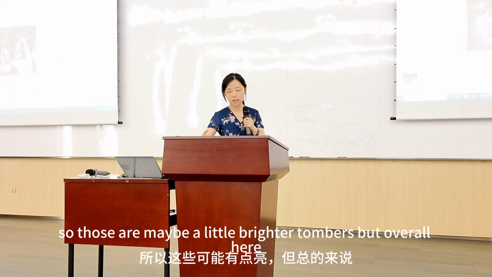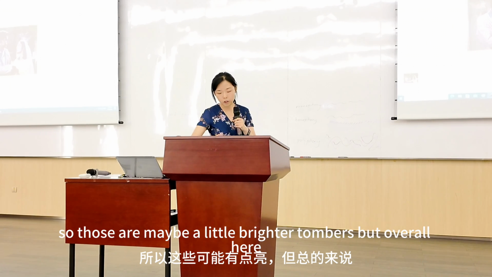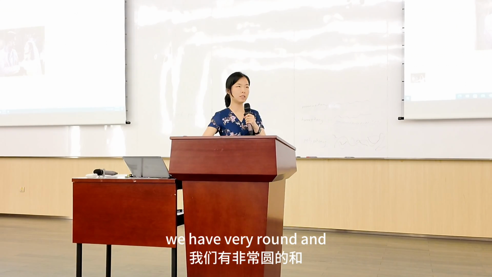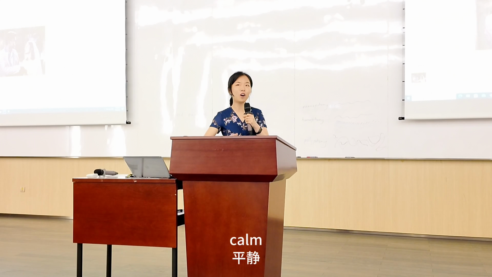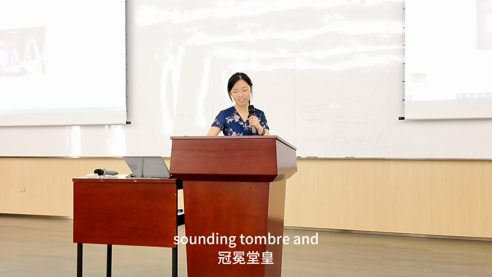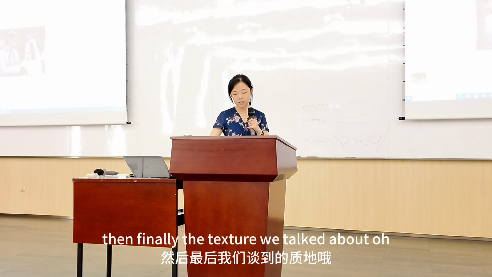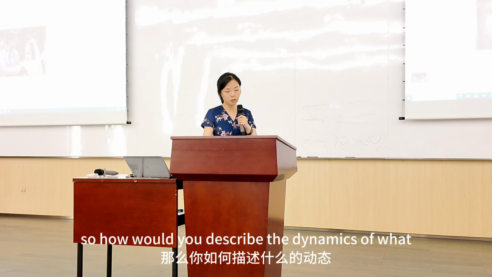Those are brighter timbres, but overall here we have very round, warm sounding timbre. And then finally the texture we talked about, oh yes, dynamics. So how would you describe the dynamics of what we just heard?